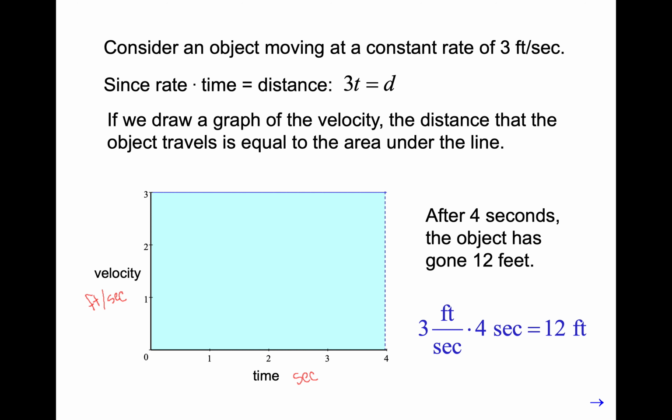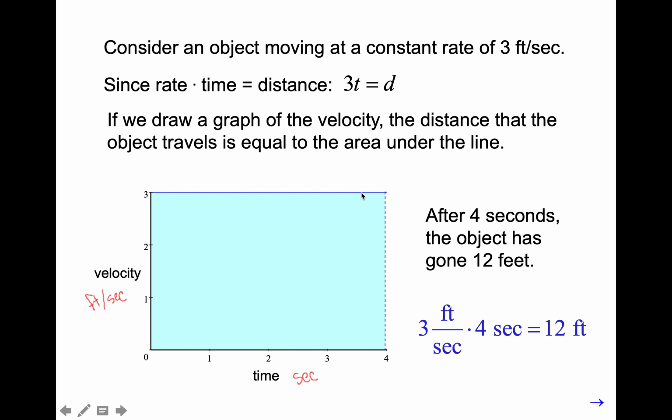So the units just kind of work out. If we multiply the 3 feet per second, because that's a constant, so we have a constant velocity, and you travel at 3 feet per second for 4 seconds, then you know to multiply 3 times 4.